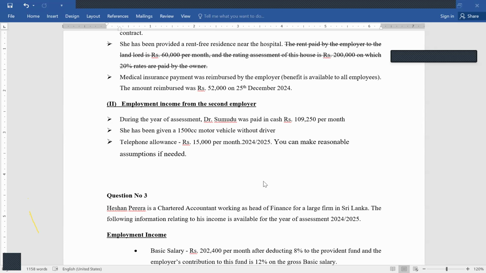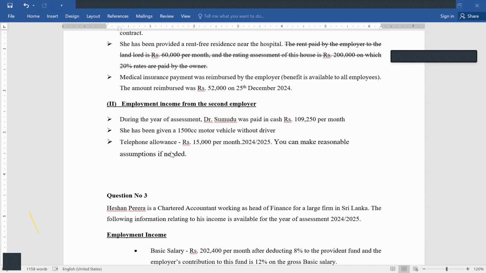So here only the vehicle is given. Therefore, only for the vehicle that is 20,000, 20,000 is for a month. So we have to multiply it by 12. Then we will have 240 as a motor vehicle benefit.